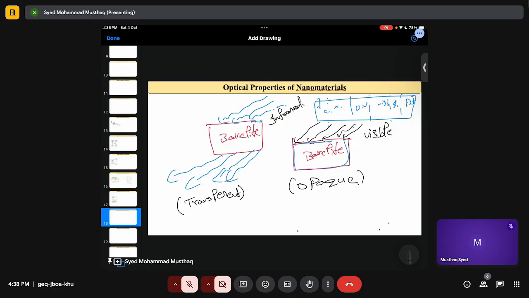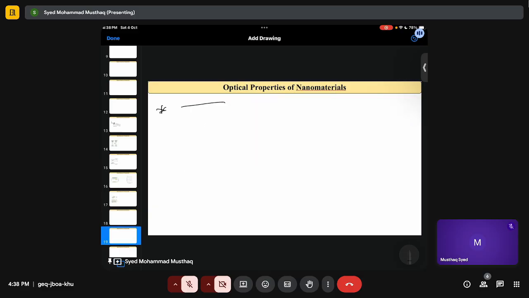So again, the same goes for the band gap delta E. If a material has, let's say, an unknown material with a band gap of this much, and let's say this lies within the visible spectrum.